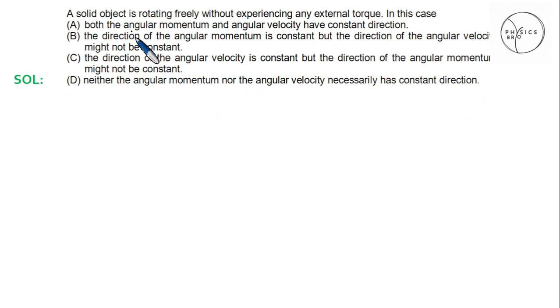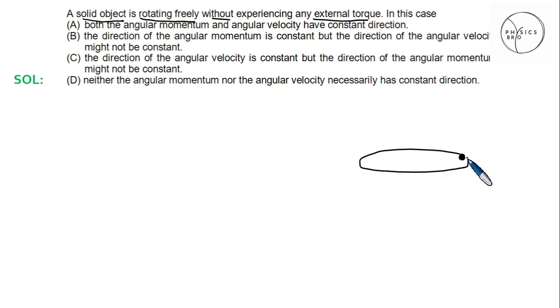So if we have to solve the problem, we need some theory obviously. There is a body rotating freely, and it is a solid object. These are very important ideas, and the condition is no external torque. So let's have the idea. Consider there is a body, a solid object, and it is rotating.